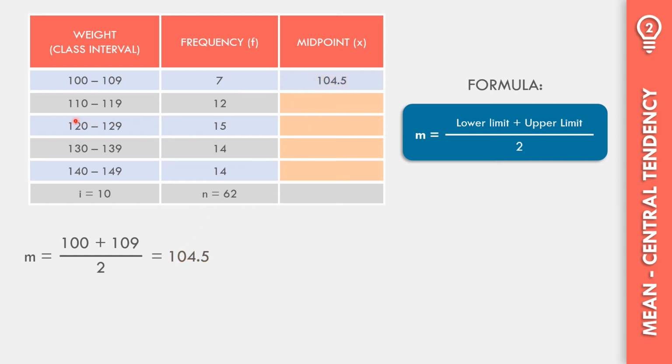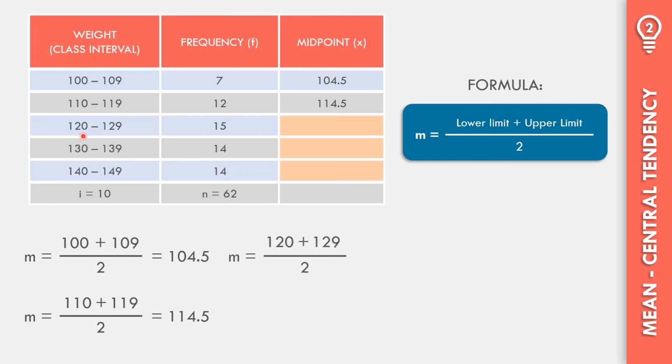Next is 110 up to 119. The lower limit is 110. The upper limit is 119. So 110 plus 119 divided by 2, the answer is 114.5. Next is 120 up to 129. The lower limit is 120. The upper limit is 129. So 120 plus 129 divided by 2 is equal to 124.5.